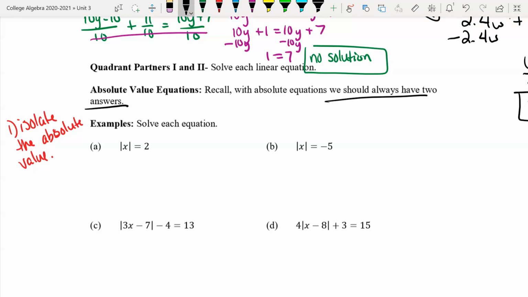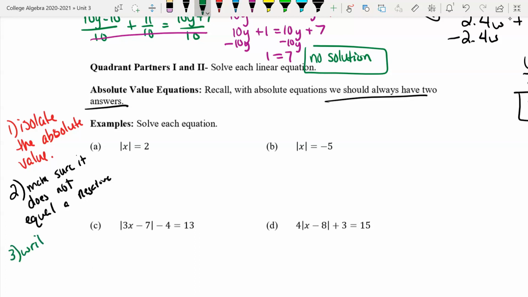It does not matter which side. The next step would be to make sure it does not equal a negative. And then the final step is going to be write 2 equations and solve.